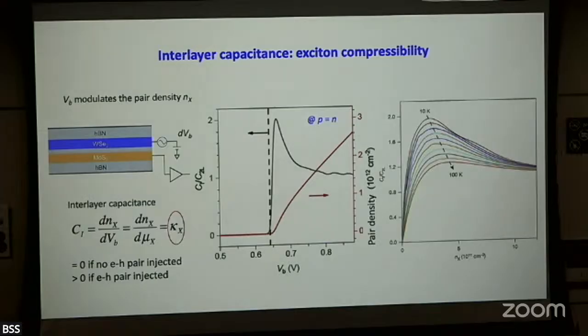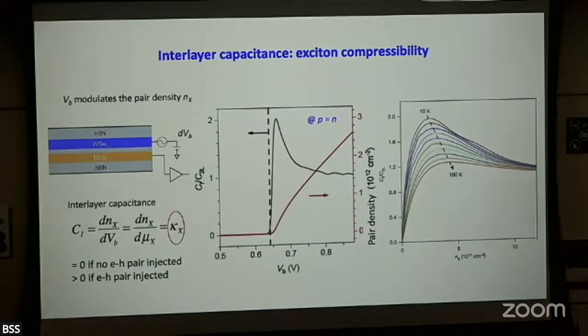We can also look at the compressibility as a function of density at different temperatures, and you see that it sort of starts with a linear increase, goes through some kind of peak, and then goes back. When you get higher density, it becomes 1.